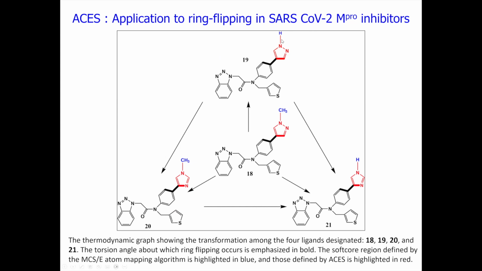If you change that hydrogen bond donating group into something that doesn't donate a hydrogen bond, so for example a methyl group, or even if you just took away this hydrogen so that it was no longer a hydrogen bond donor but rather a hydrogen bond acceptor, then one of two things would happen.